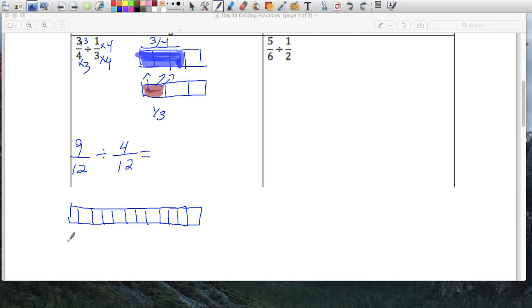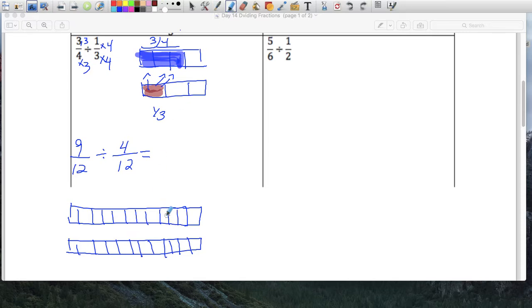So, trying to do the same exact thing as best as I can. Okay, same exact one. Again, cut into 12s.